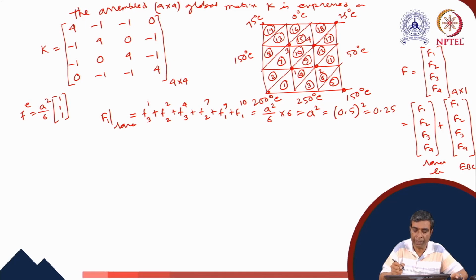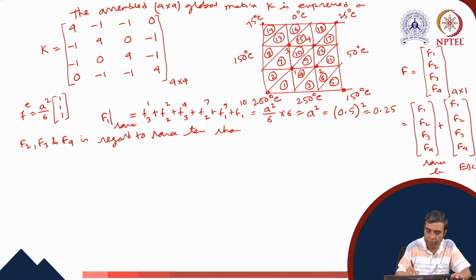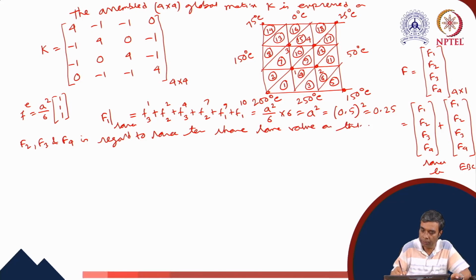Because of that, we can say that F2 equals F3 equals F4 equals F1 source in regard to the source term. So F2, F3 and F4 in regard to the source term share the same value as that of F1 source.